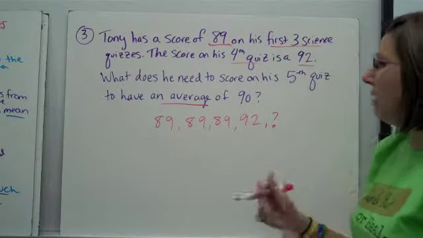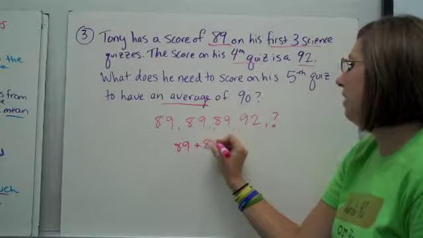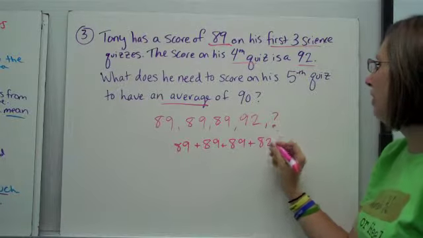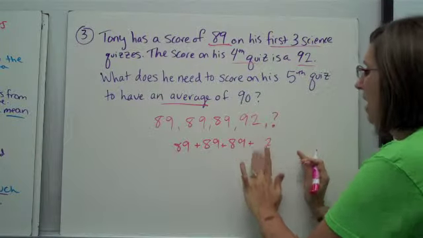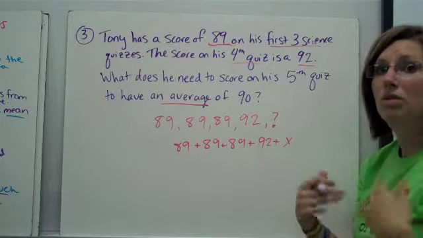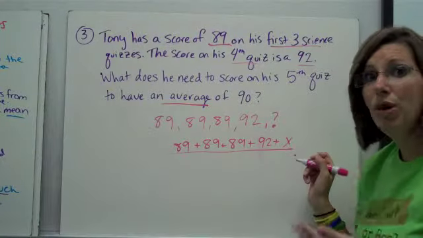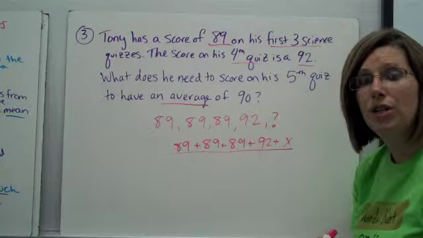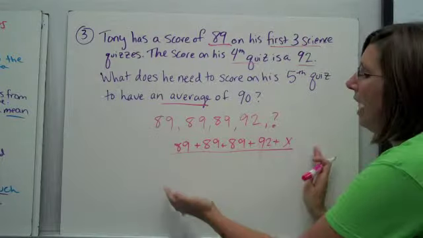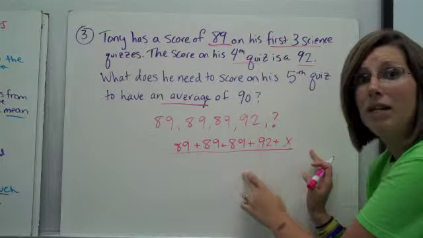To find the mean, I would add up all of these numbers. 89, 89, 89, 92, and my unknown. Remember from your algebra lessons, if you don't know what a data value is, you're going to insert a variable. Here, x is my variable. To find the average of something, I add all of the data values up and I divide by how many there are.